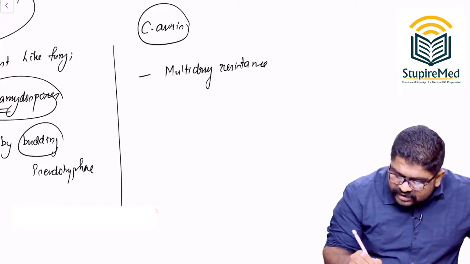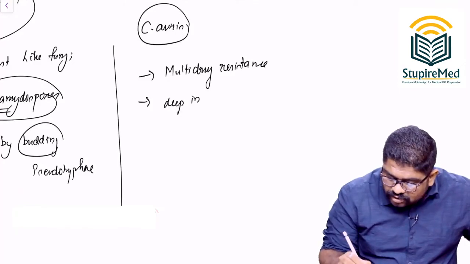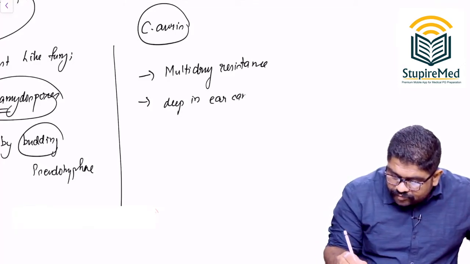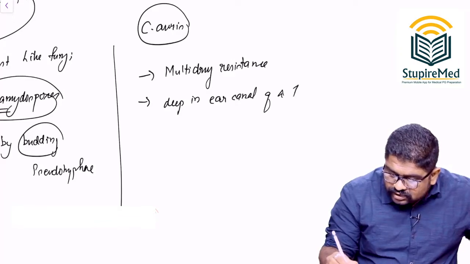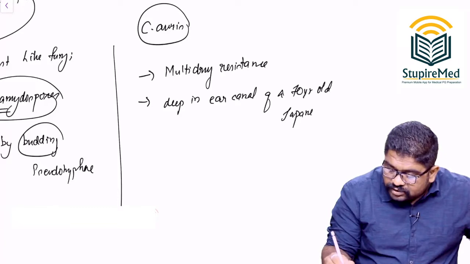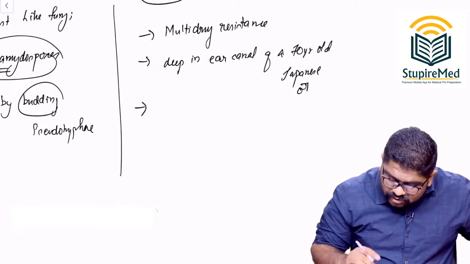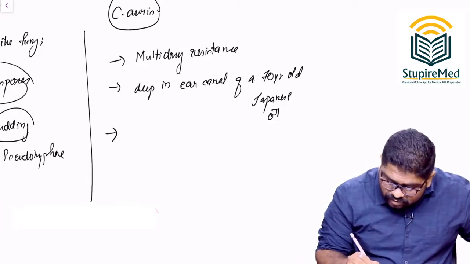And why is it referred to as Candida auris? Because it was discovered deep in the eustachian tube or in the ear canal of a 70-year-old Japanese male. That is why it is called auris.